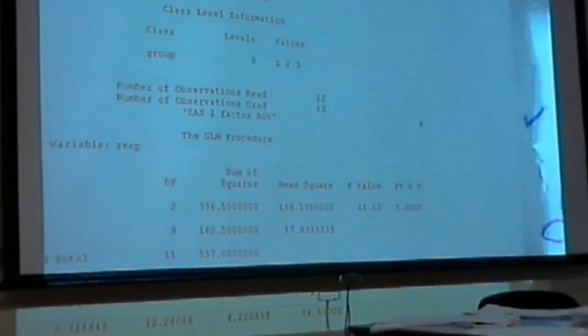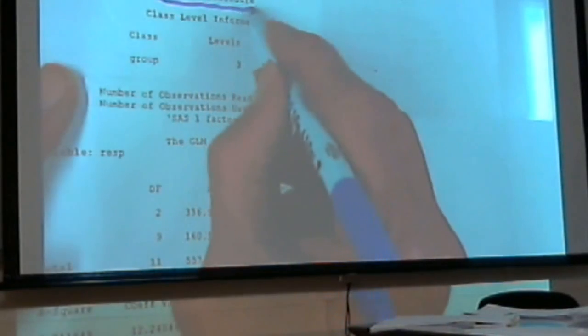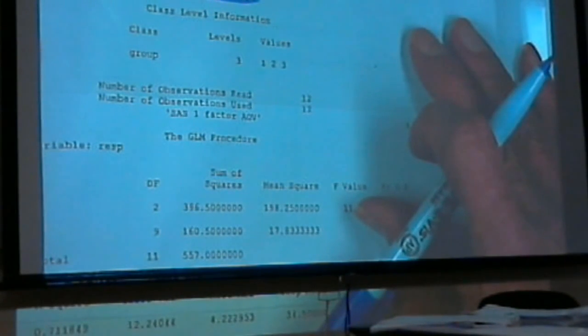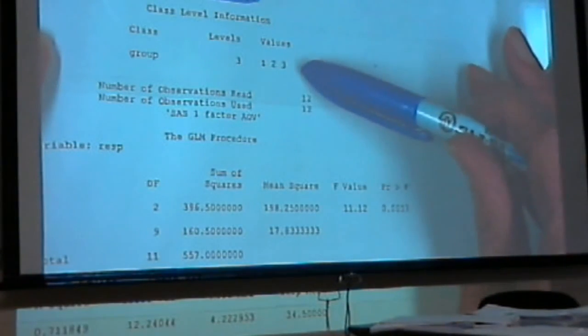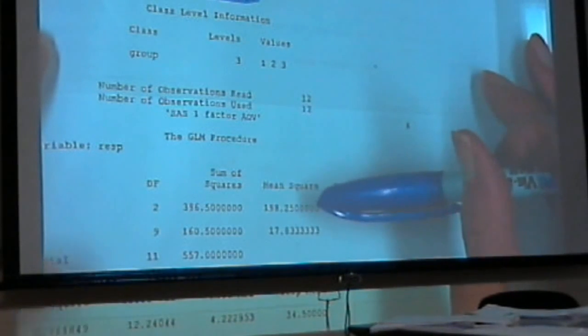What did that produce? Well, it produced this. What does it say? It says it right here. The GLM procedure. It produced the rest of this output. So it gives us some information about the class variable and how many levels it had and what its values were, total number of observations used, and then it gives us this analysis of variance table.